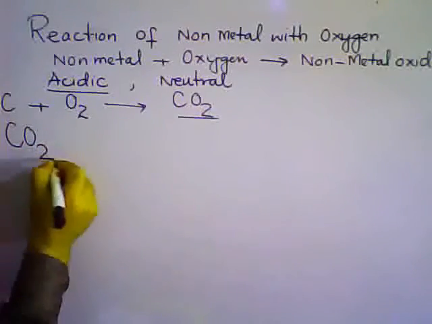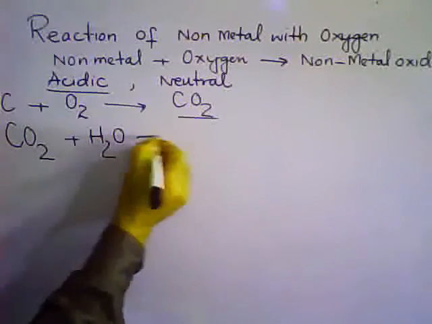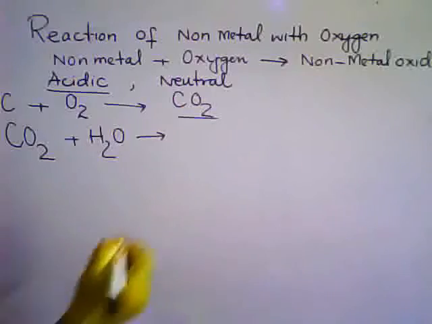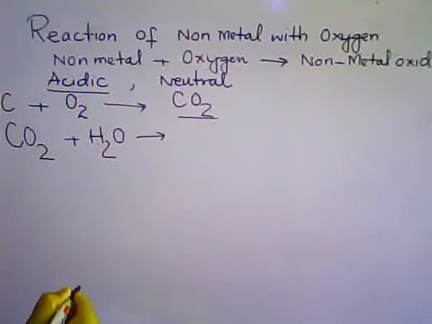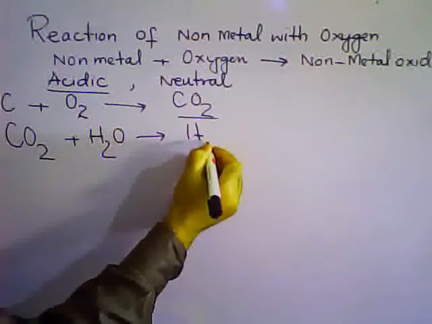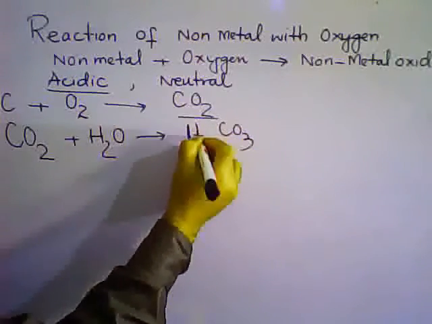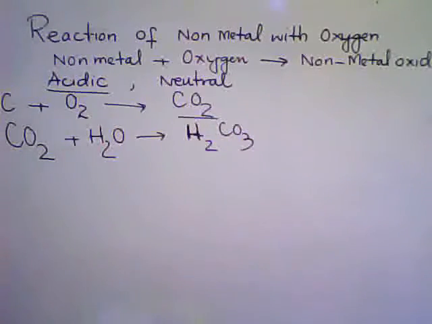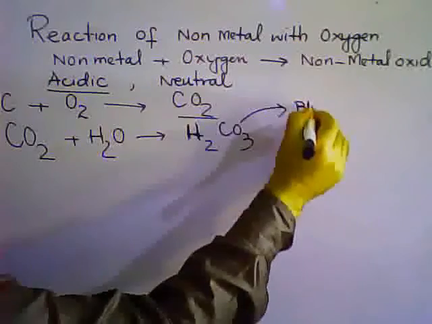So carbon dioxide, when dissolved in water, what will be the product formed? The product formed will be an acid that is known as carbonic acid, and the formula for that carbonic acid is H2CO3. So this is an acid and this is known as carbonic acid. If we take the litmus test, it will convert blue to red.